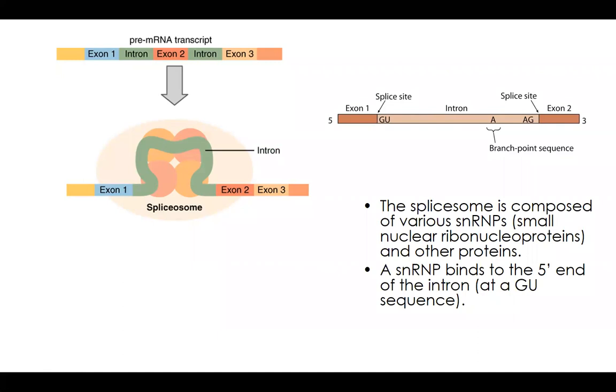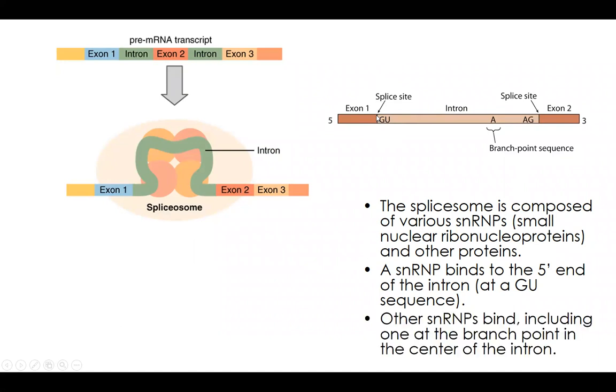One of these small nuclear ribonucleoproteins binds on the 5' end where this GU is. The other binds further along this sequence, including this branch point A. So you can think of it as the GU and a branch point A.